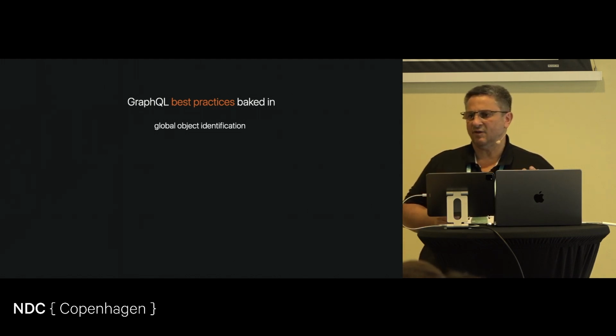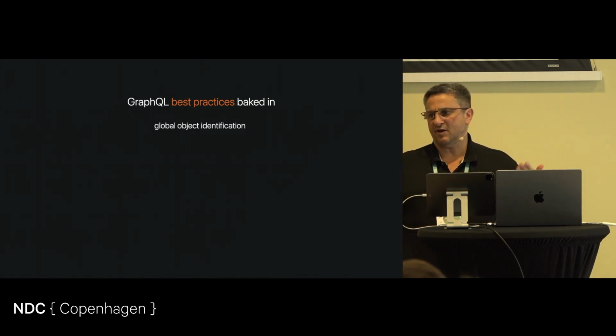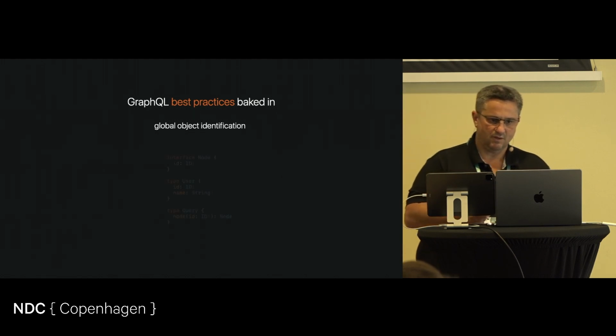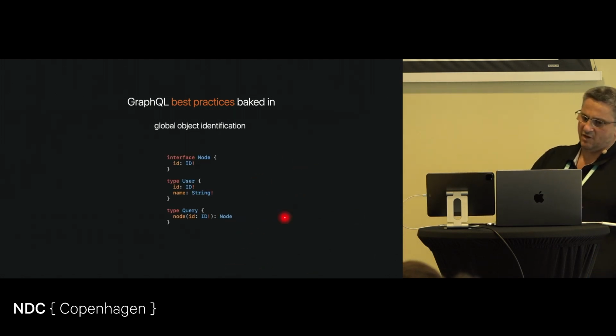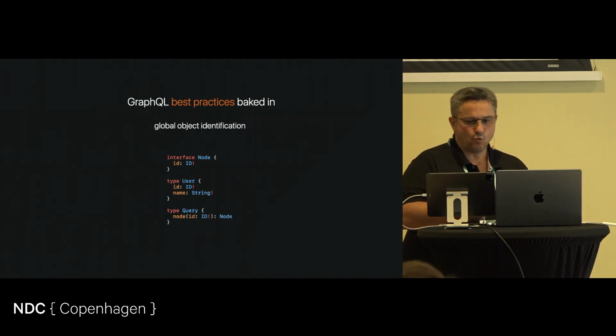If we receive, for example, in the first call for my user just the name, and in another I receive the display name, we can merge these in the same object in memory because they have the same ID behind. And here we can see how this works. This is mostly for the backend part, let's say. Any type that uses the node interface will use this global identification and will allow this refetching.